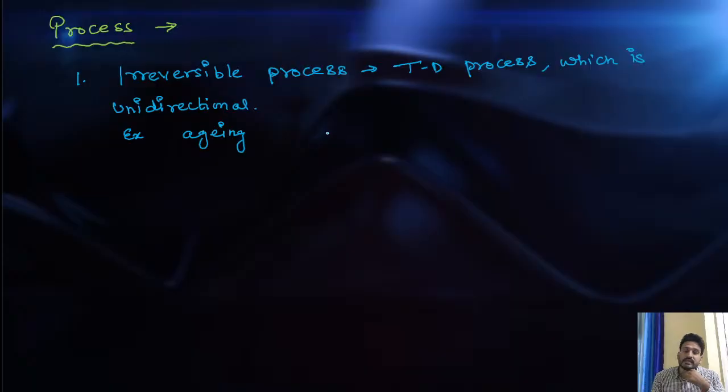Like I'm 32, you are 20, 21, 22, 23. It is not possible that if you are 20 years old this year, next year you will be 19, right? Aging, corrosion, and combustion are also single direction processes. These are basically irreversible processes.